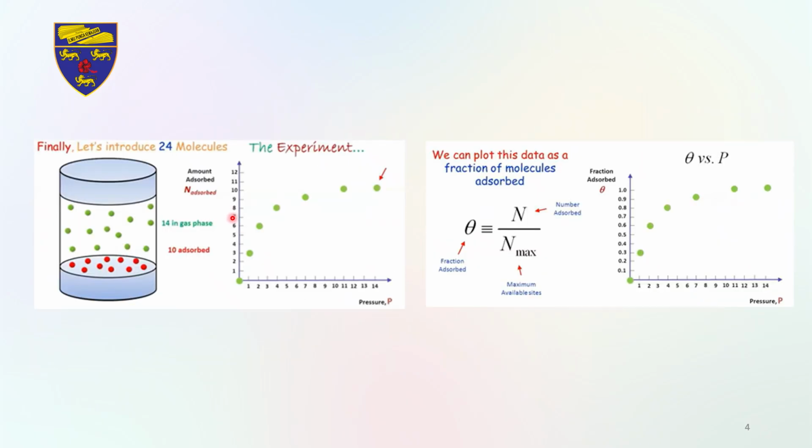We can plot this experimental data as the fraction of molecules adsorbed, theta, versus pressure. The formula theta equals n over n maximum, which is the number of adsorbed molecules to the maximum available sites, will help us visualize how close the surface is to being completely covered.